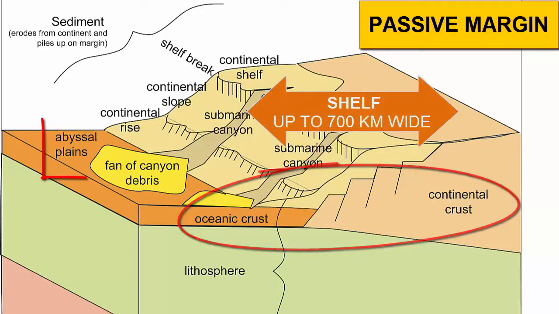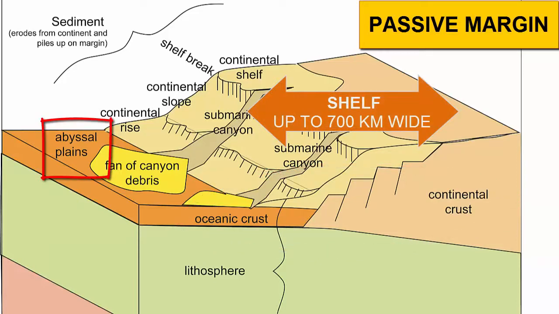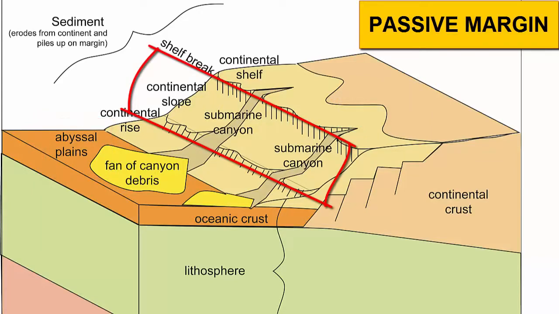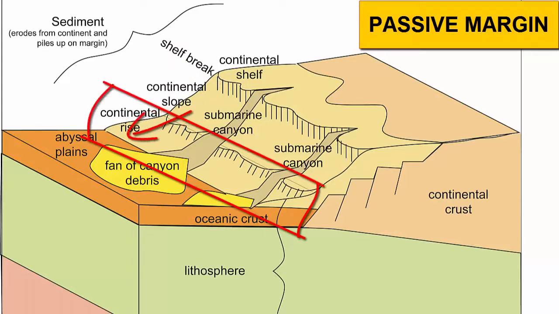The deep, flat seafloor that sits offshore of the shelves is called the abyssal plain. The continental slope extends from the shelf break down to the abyssal plains. The base of the shelf is covered in an apron of sediment that has fallen off the shelf above. That apron of sediment is called the continental rise. Why?